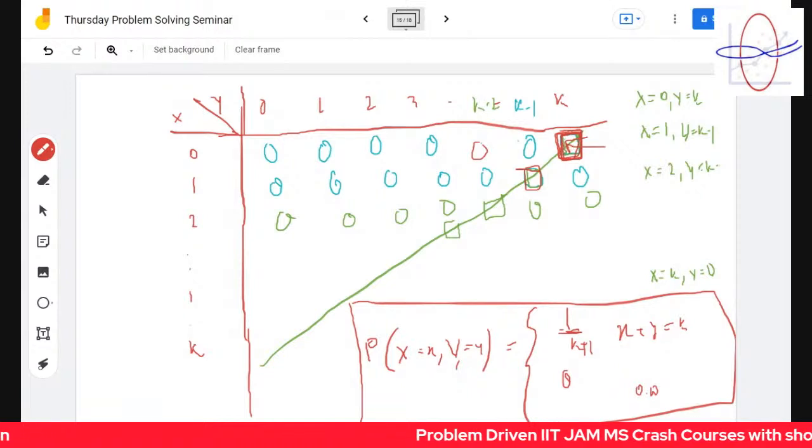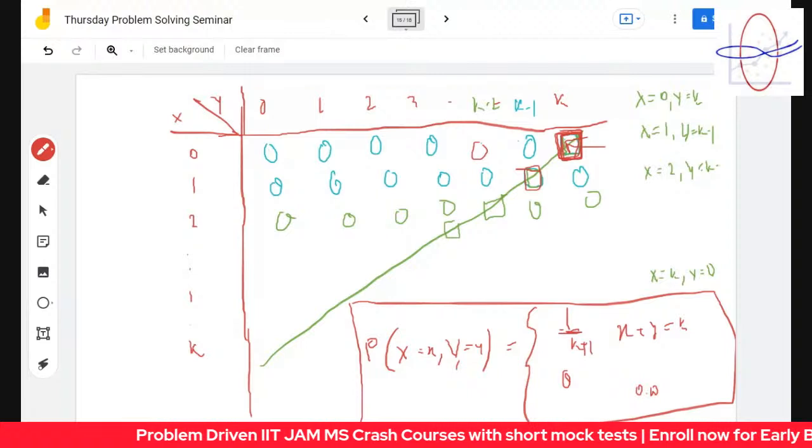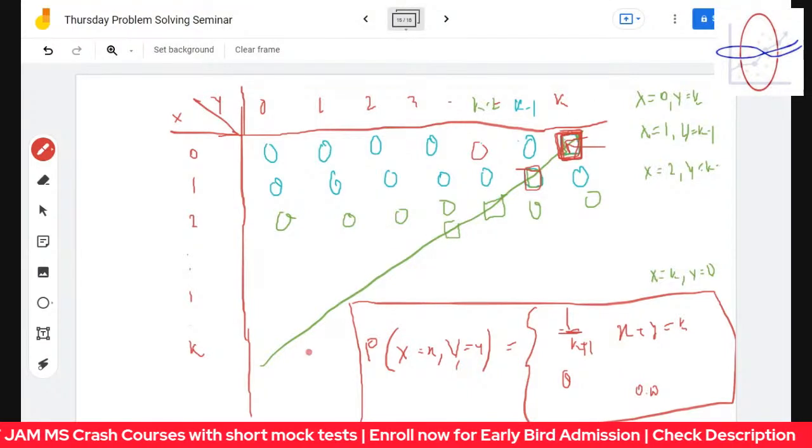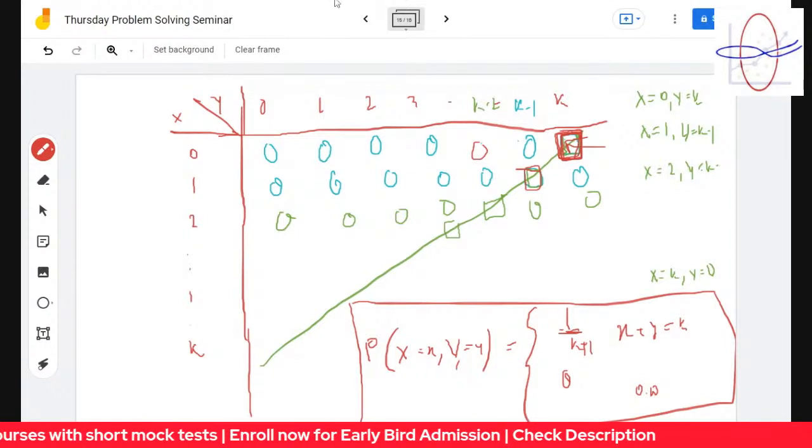Why is it assumed wrong? I assumed that each one of them has equal probability. Can someone tell me why it's not equal probability?